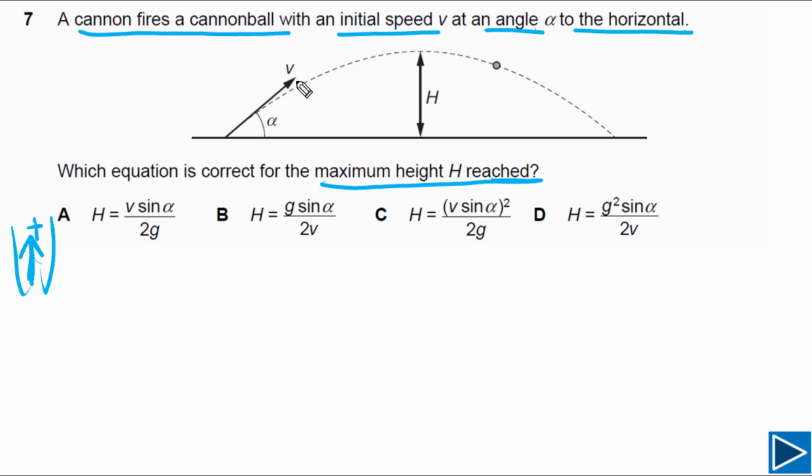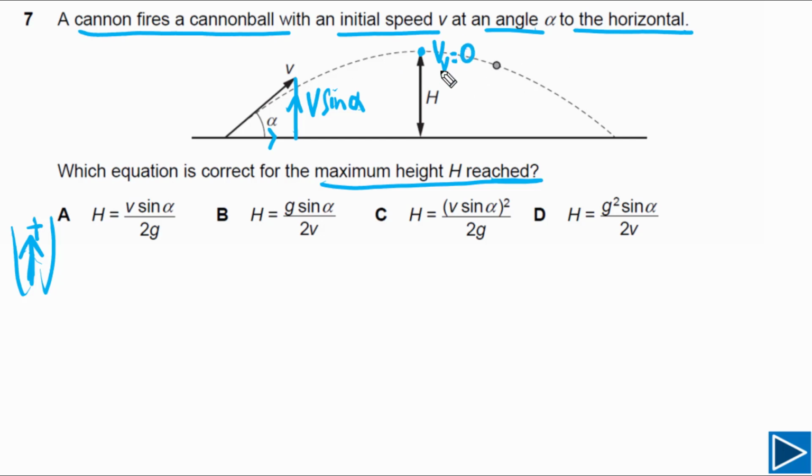Now, if we look at the initial speed, we can resolve into two components. So this is a horizontal component and this is vertical component. Vertical component is simply equal to V sine of alpha. And the second thing we need to understand, at the peak, V final in vertical direction will be equal to 0.